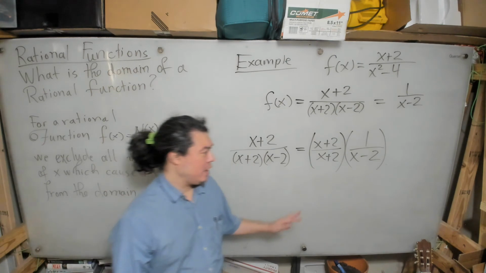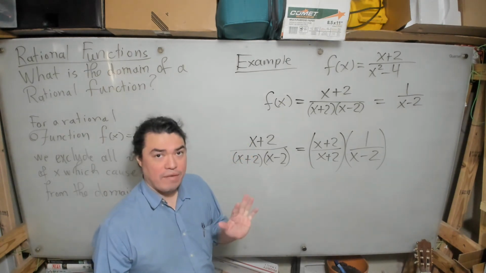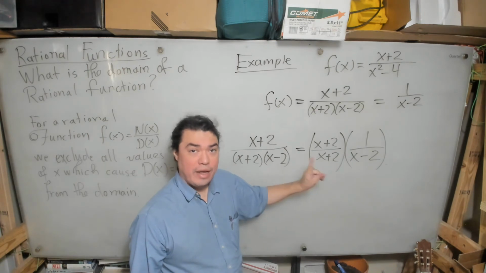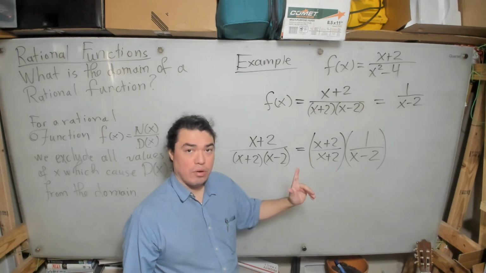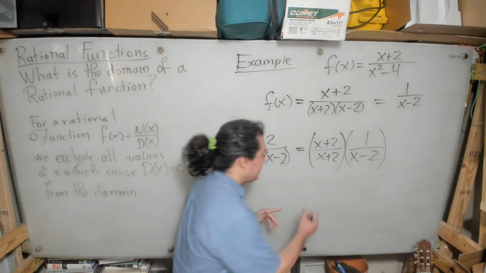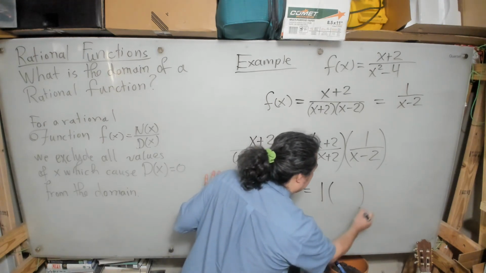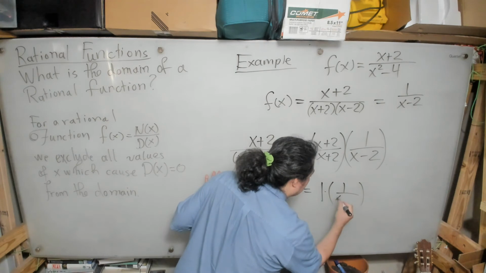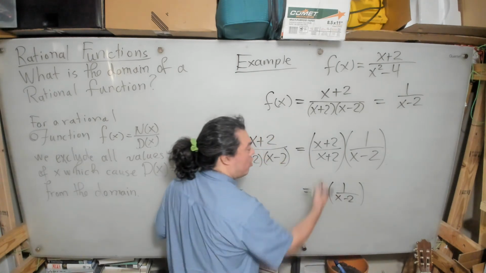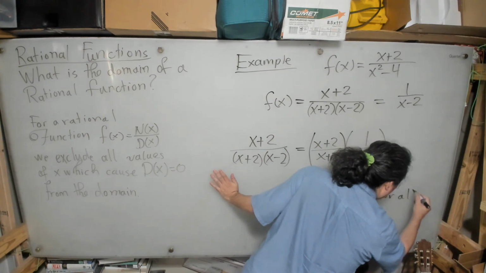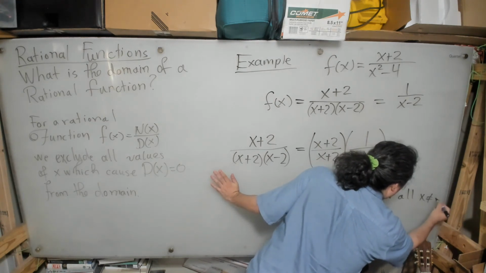And so we can see that now, and I want to make one caveat here. That's only true, and we're only considering it, if the bottom of this is not 0. So in other words, this is equal to the number 1 times 1 over (x minus 2), but for all x not equal to -2.